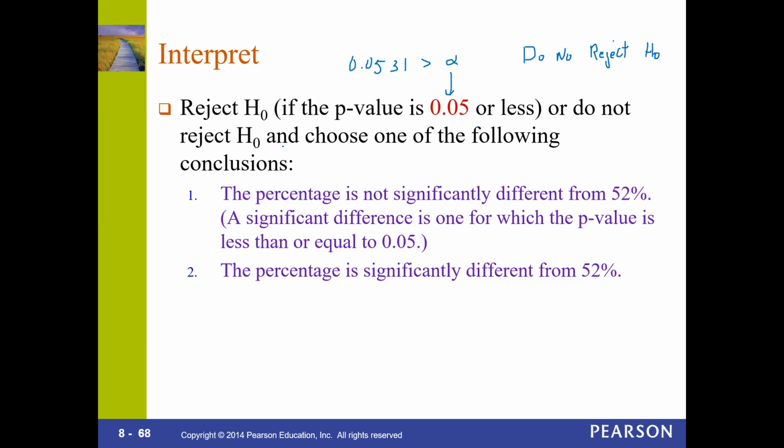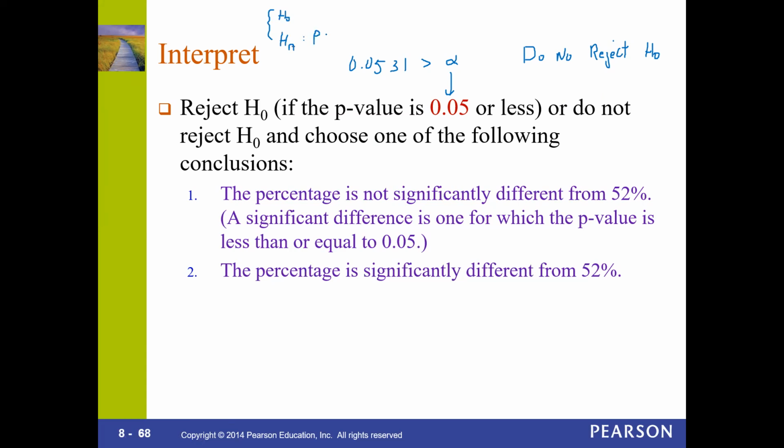Okay. So if you do not reject H0, whenever you look at the significance from earlier, you've got H0 and H1 or HA.